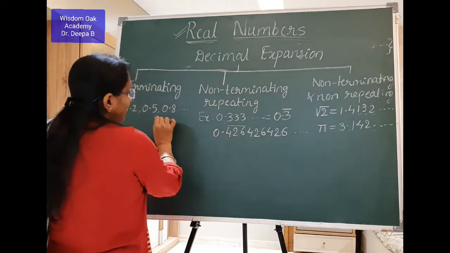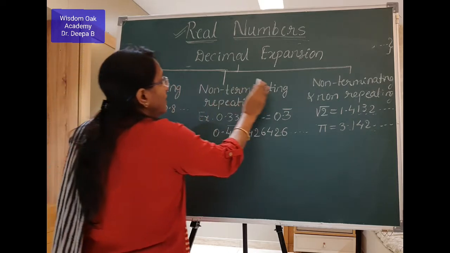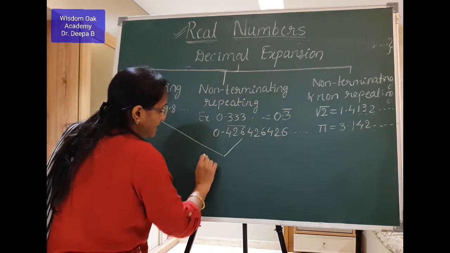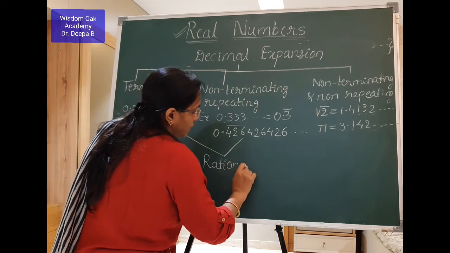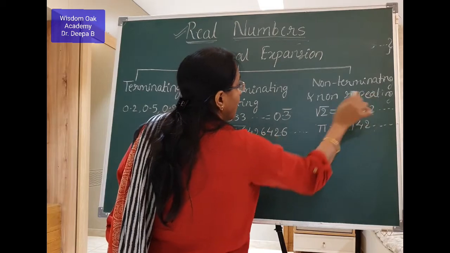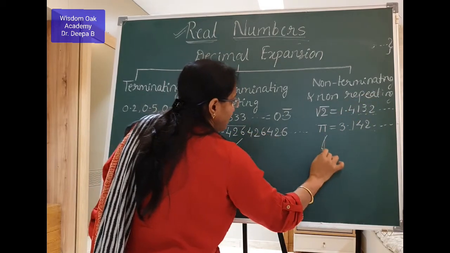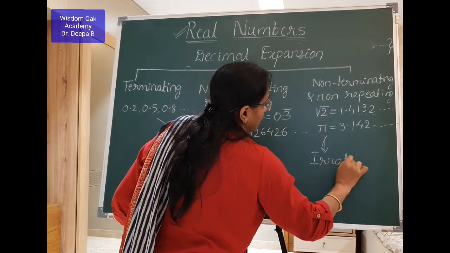Then these two types, terminating and non-terminating repeating, are called rational numbers. And non-terminating, non-repeating are called irrational numbers.